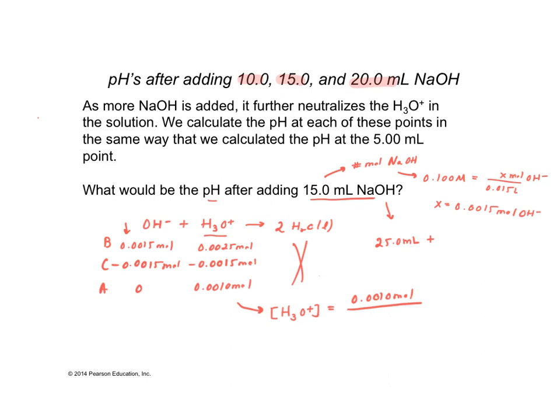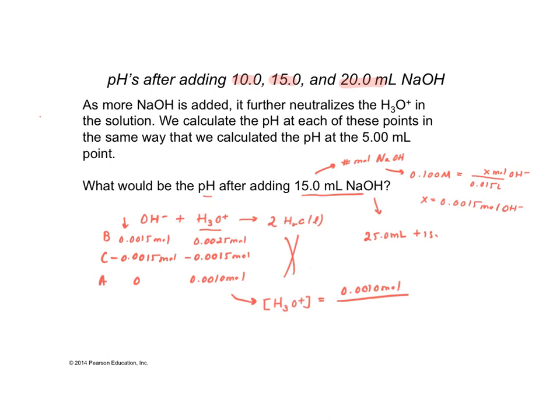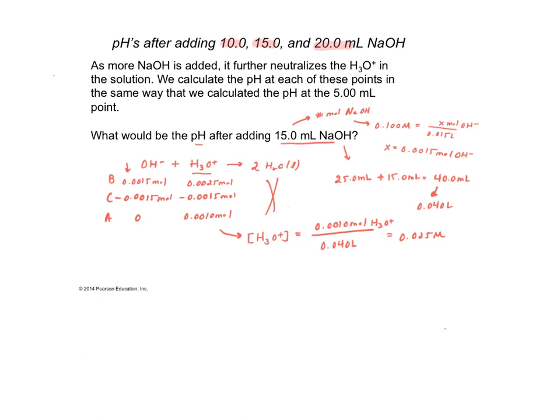So 25 plus 15 gives us 40 milliliters, and converted to liters, this is 0.040 liters. So our number of moles of H3O+ divided by the new volume gives us a concentration equal to 0.025 molar.